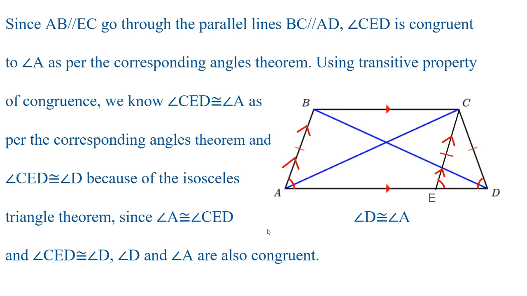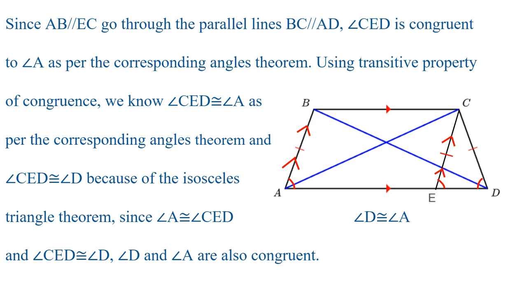Okay, since line segment AB is parallel to EC, and they go through the parallel lines BC and AD, this is going to show that angle CED is congruent to angle A as per the corresponding angles theorem.